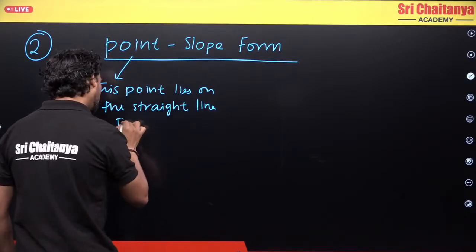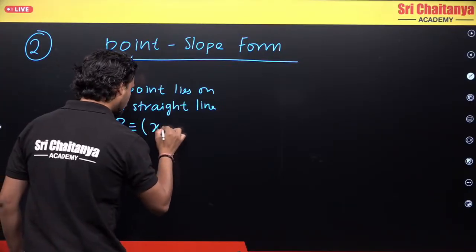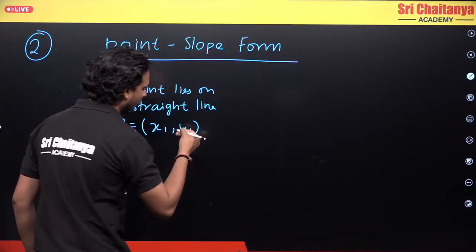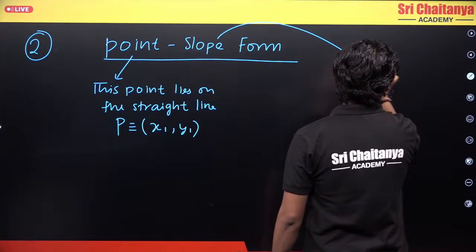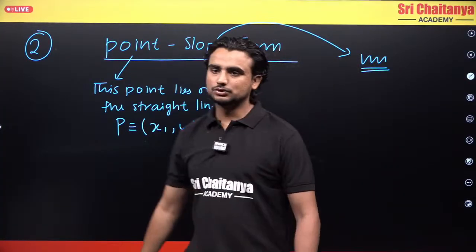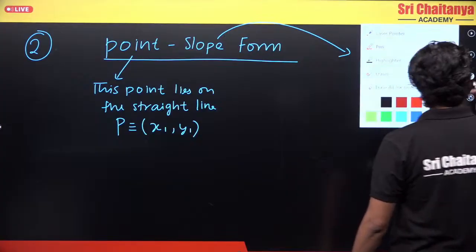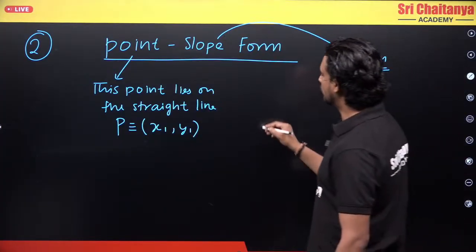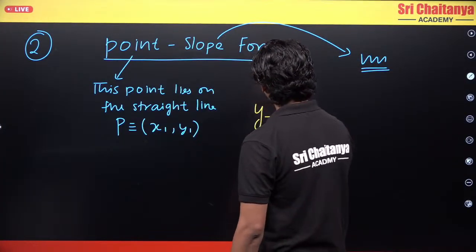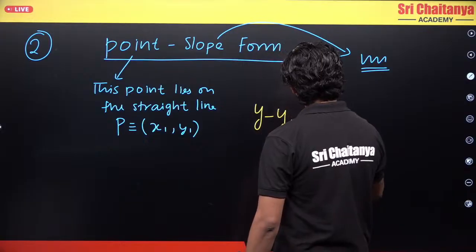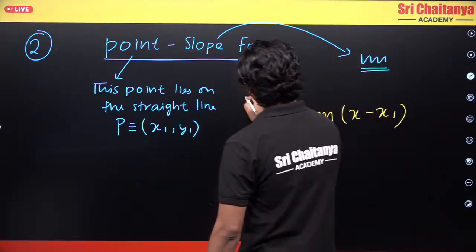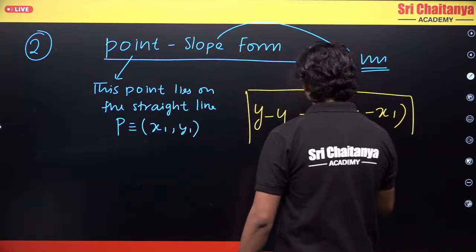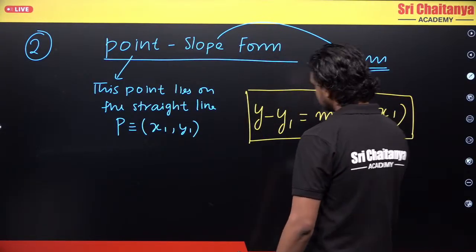That point P is equal to (x1, y1), and m is the slope of this straight line. With that, the equation of the straight line was y minus y1 is equal to m times (x minus x1). So this is what we did in the last class regarding our slope.